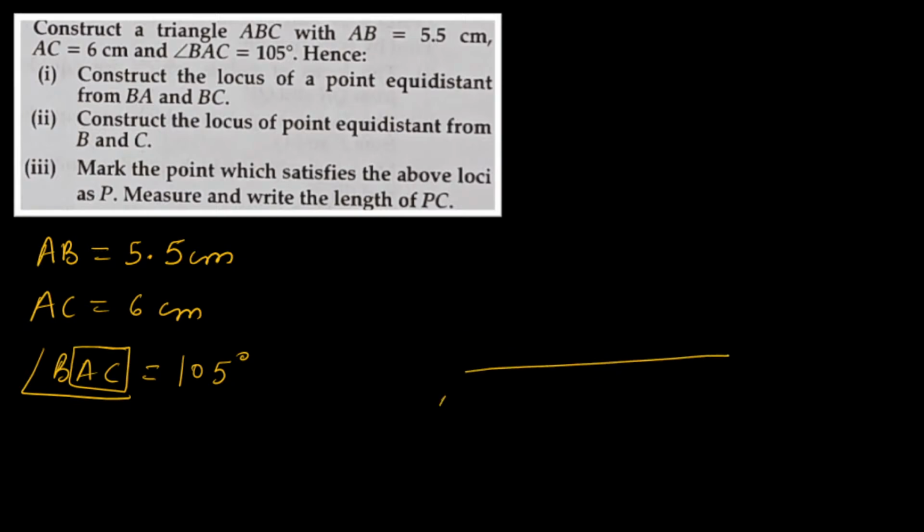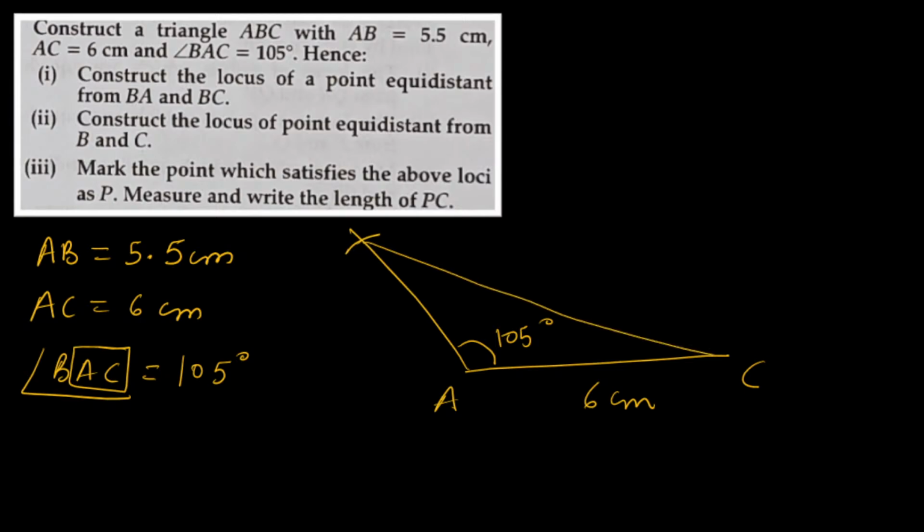So 6 centimeter AC, first of all, we have to draw. Then at point A, a 105 angle we can draw. Then again from A, at a distance of 5.5 we'll mark one arc, because here we'll get point B, and this point we will just join with C. The triangle construction is completed.